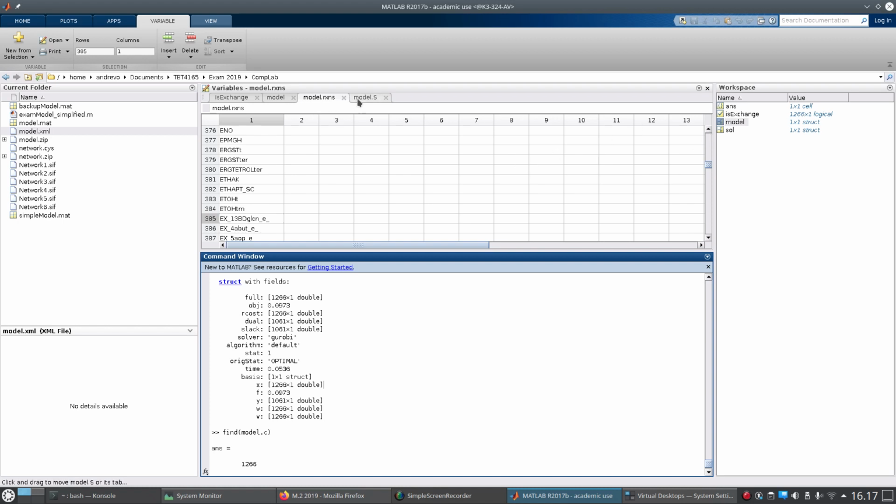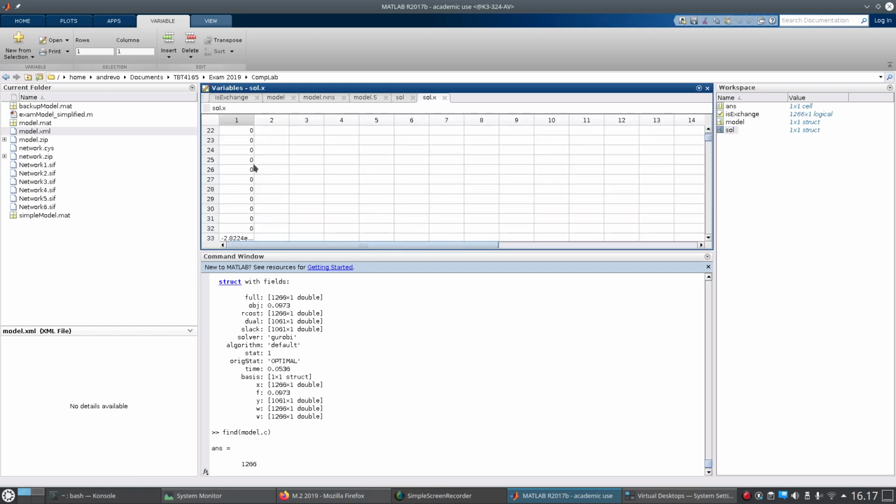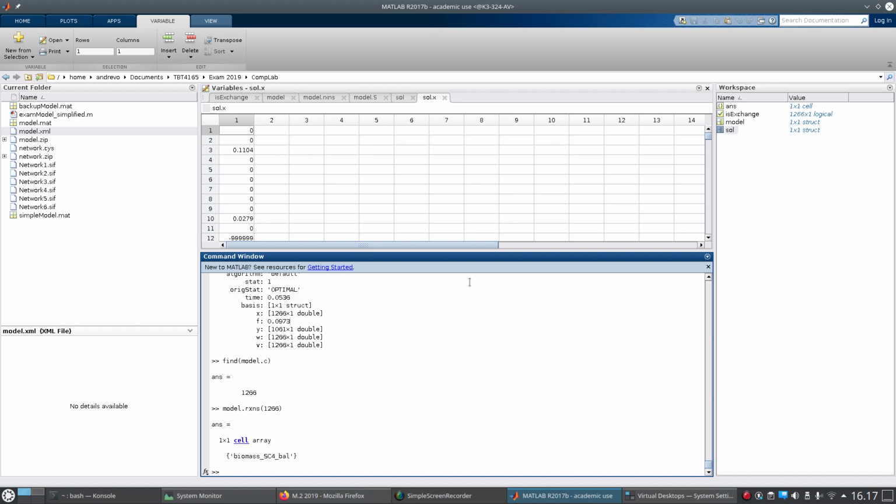So if we look at sol, and then we go into sol.x, here we'll see that most elements will actually be 0 and some of the fluxes will be non-zero. So we want to find the exchange reactions that also carry negative flux.